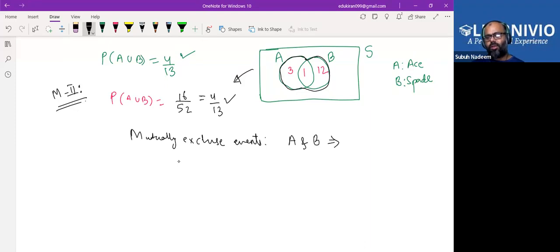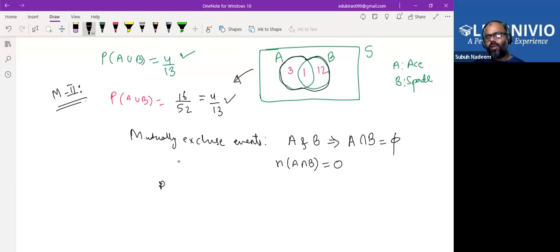So what does it actually mean? No idea, sir. It means that the intersection of these two sets is empty, which means number of elements in A intersection B is equal to 0. Okay. So this is what we get for mutually exclusive events.